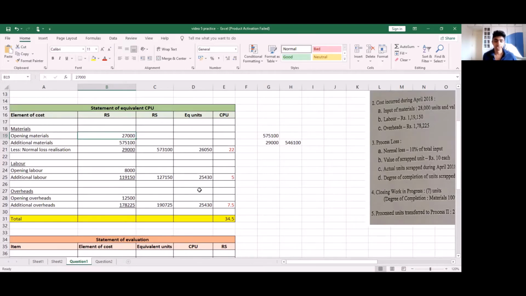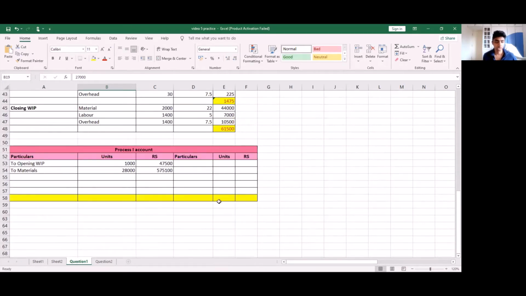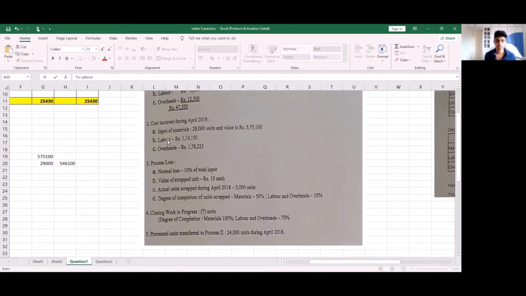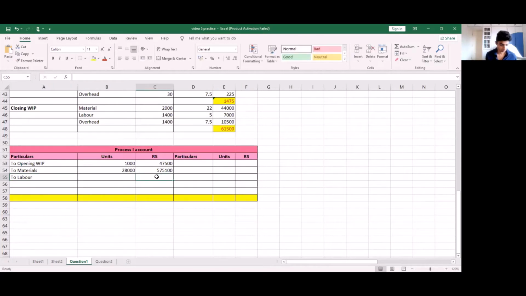For example, if we are accounting for labor in our process account, we will write to labor, and for the amount, we are going to write what is in the question, which is cost incurred labor 1,19,150.